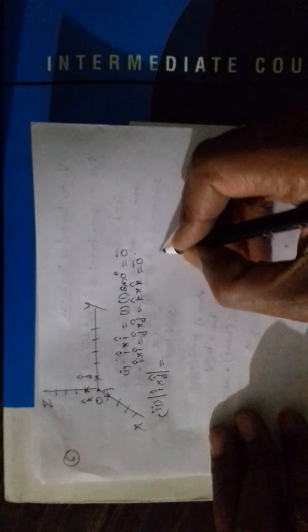Now let us consider two unit vectors perpendicular to each other. For example, I cross j is equal to, see, first let us consider the magnitude. A cross B is equal to AB sin theta. Its magnitude. So its magnitude is 1.